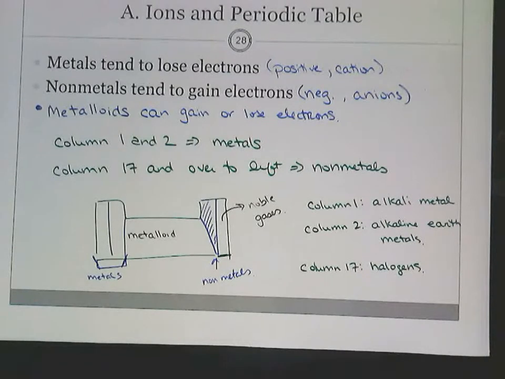They typically have special names as a column because they have unique and interesting chemistry that goes on with them. So columns 1 and 2 are super reactive cations. Column 17, the halogens, are super reactive anions. Noble gases are the unreactive gases. They have special names because they have special properties, which we will get to, and why they're so special.